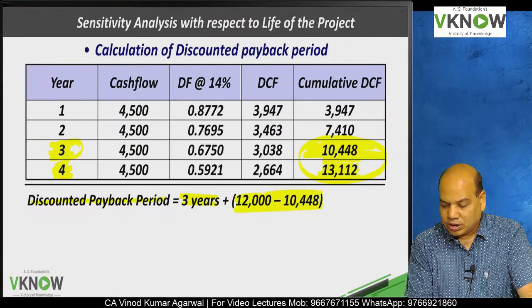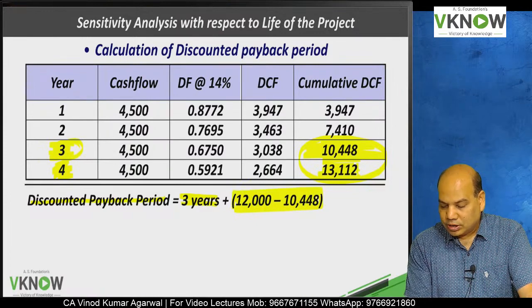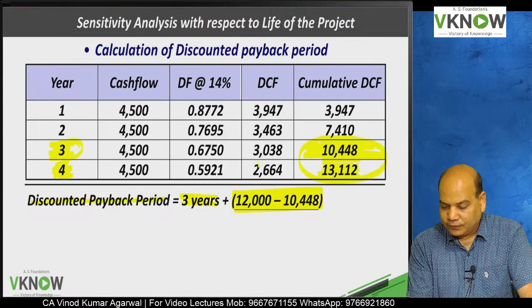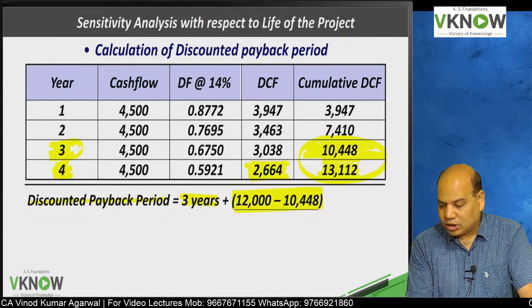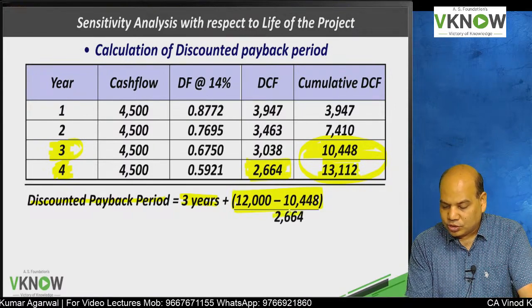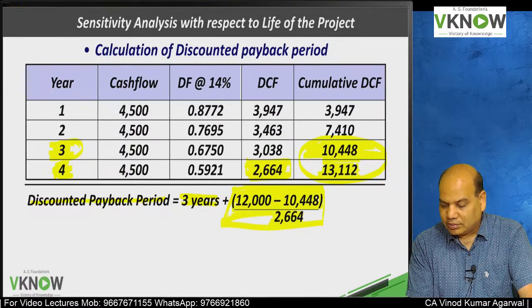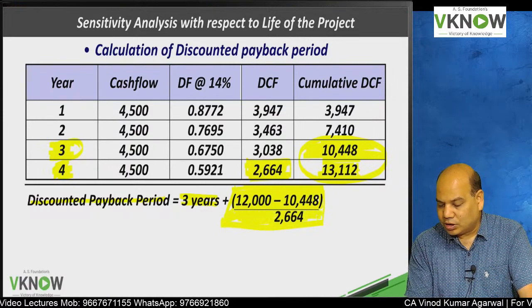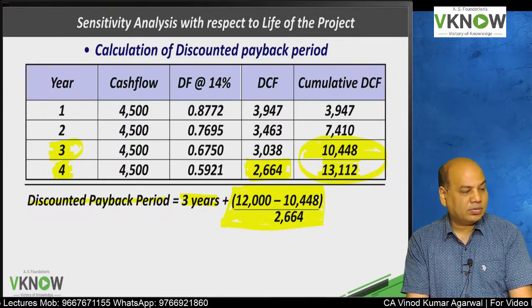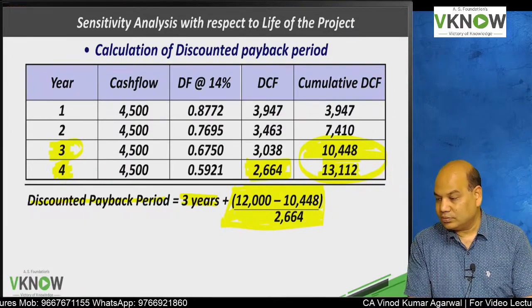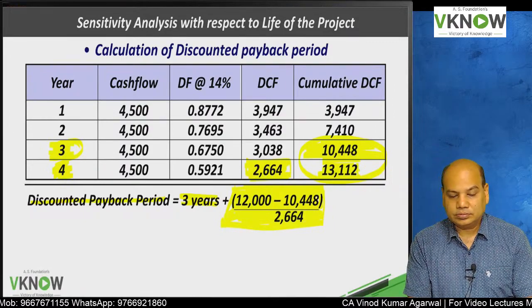This amount I need to recover more, divide by, but in the fourth year my total amount received is 2644. So I'll divide by 2644. That will give me proportionate time period required in the fourth year to recover the balance amount. Kindly solve and give me the answer.